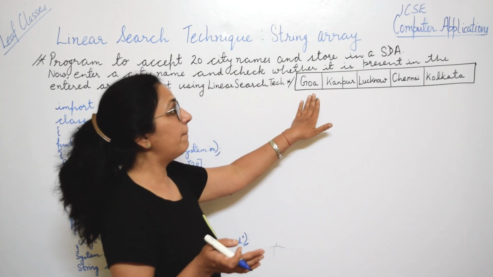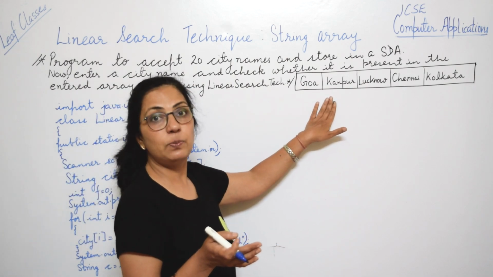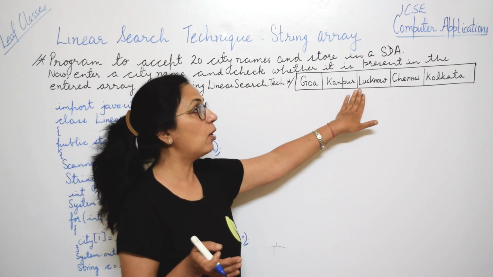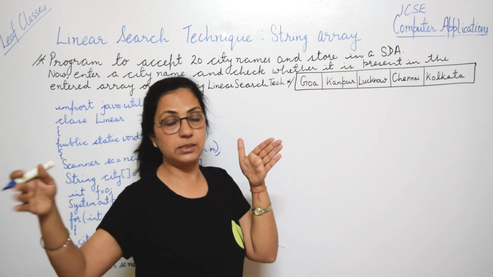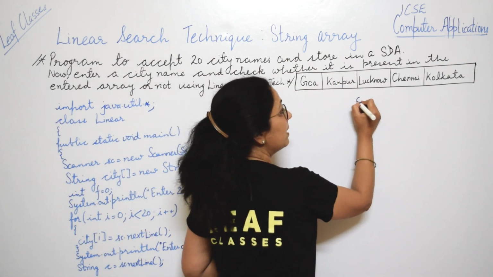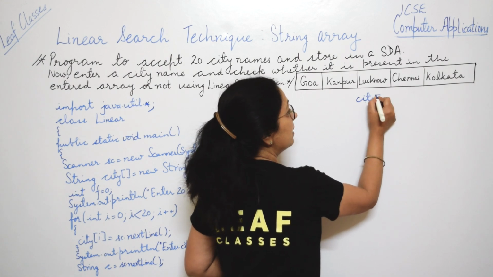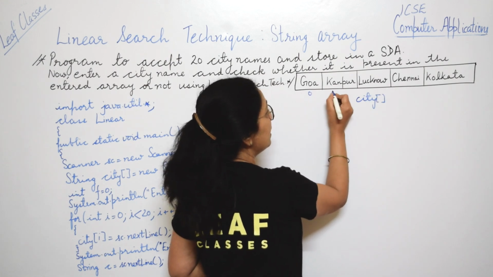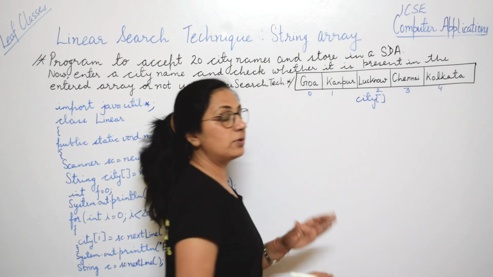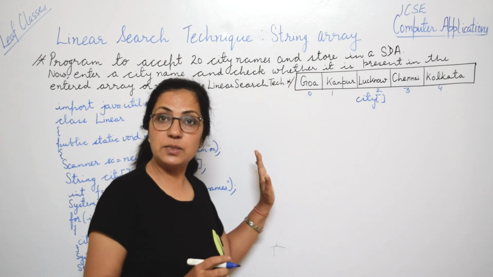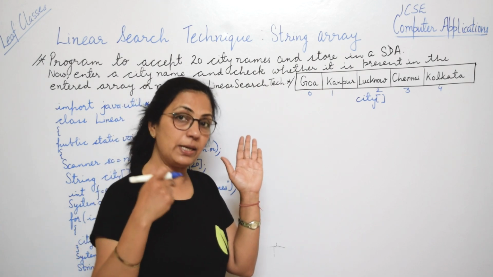For the example, just for explaining, I have taken one array of size 5. Like this, the array will be of size 20, right?